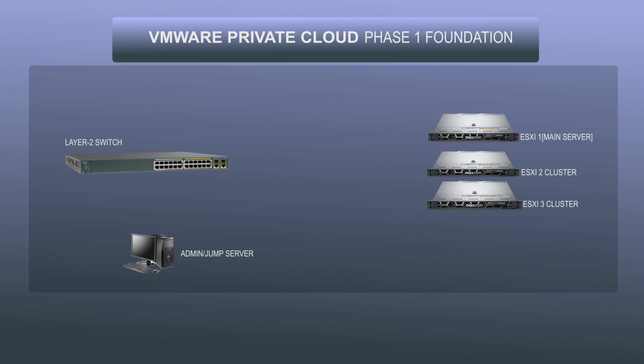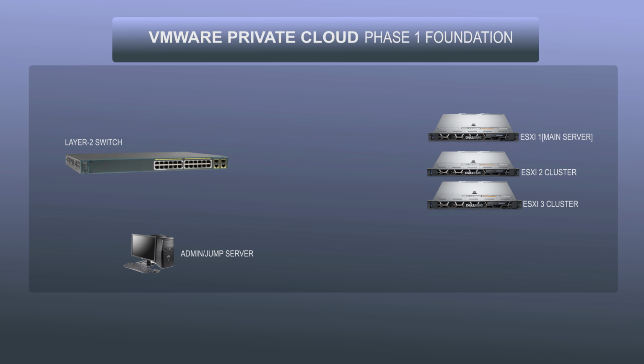Now let me explain how the trunking works, because this is an important part of the foundation. On the switch, I have 3 separate trunk ports. Each trunk port is assigned to one ESXi host.